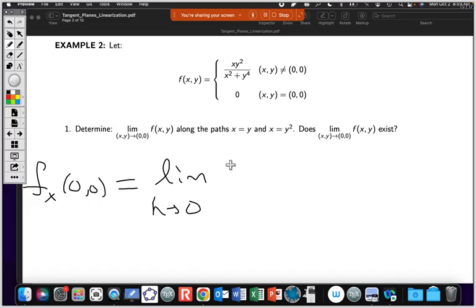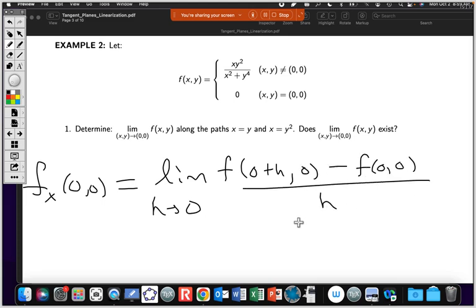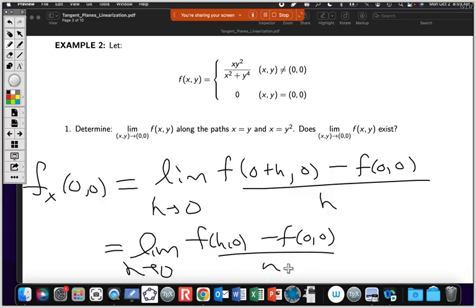That would be the limit as h goes to 0 of f of 0 plus h comma 0 minus f of 0, 0 all over h. So once again, I'm taking the derivative with respect to x at 0. So I'm going to change the x, keep the y the same. That'd be f of h, 0 minus f of 0, 0 over h.